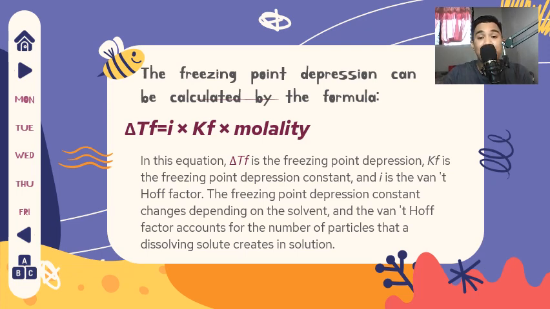The freezing point depression constant changes depending on the type of solvent being used in the solution, and the Van't Hoff factor accounts for the number of particles that a dissolving solute creates in a solution.